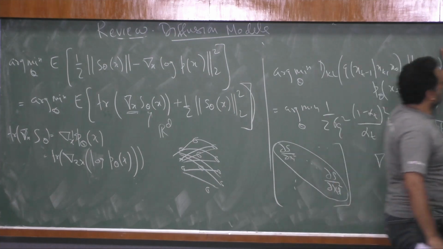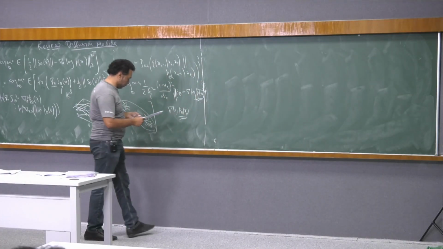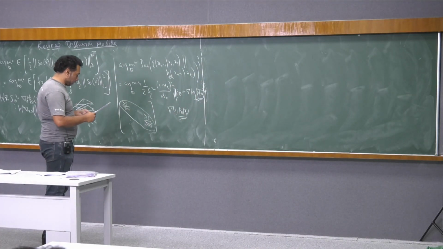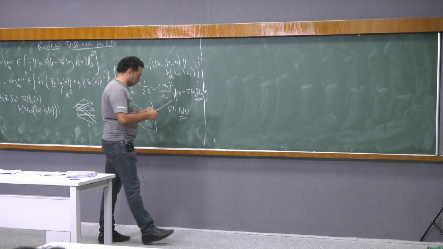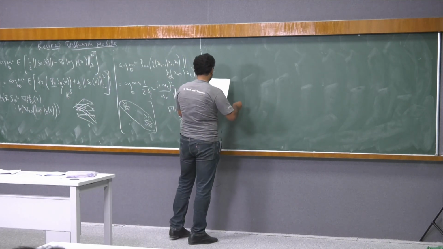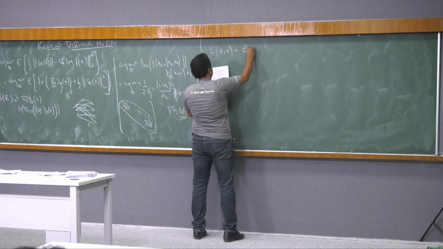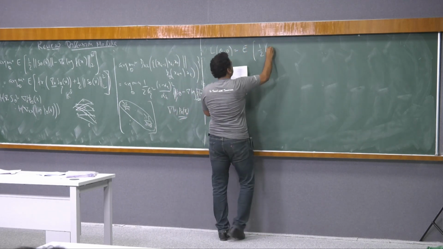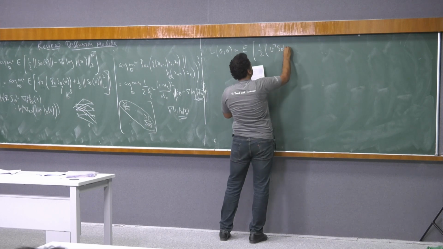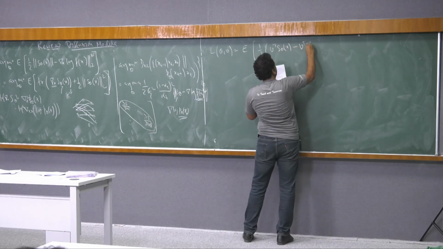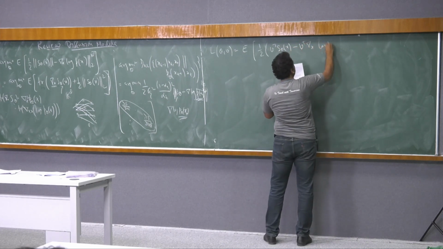So what was done here as a next step is another theorem. We define L(theta, v) as a projection, and this is half of (v^T s_theta(x) - v^T grad_x log p(x))^2.